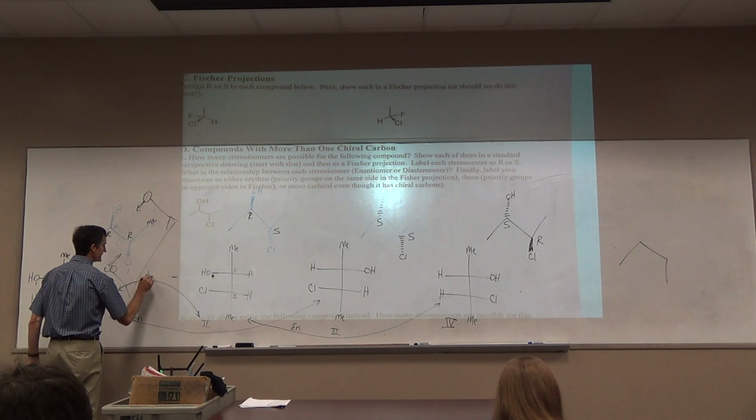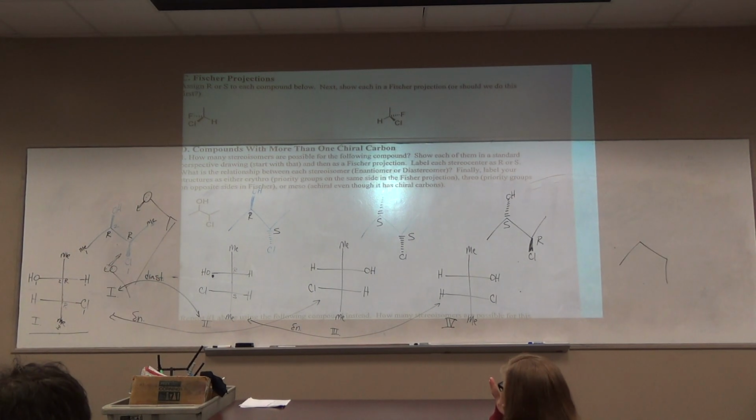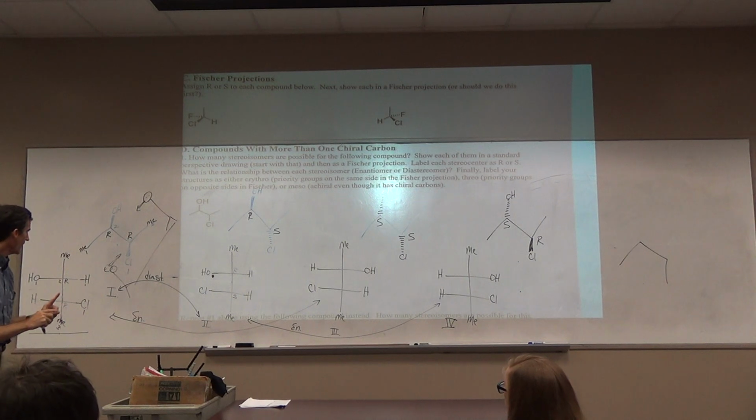1 and 2 are diastereomers. That's written everywhere, in your handout, your textbook. Stereoisomers that are not mirror images are diastereomers. What do we know about the physical properties of enantiomers? Identical. Because they have the same configuration, it's just inverted or mirrored.